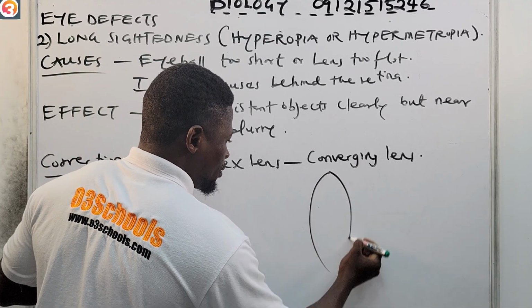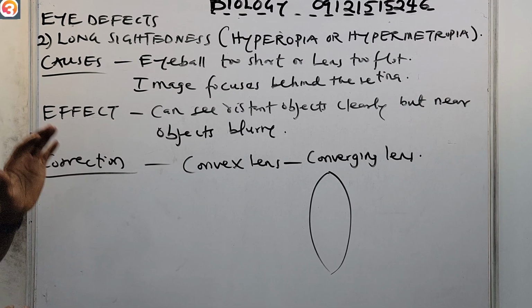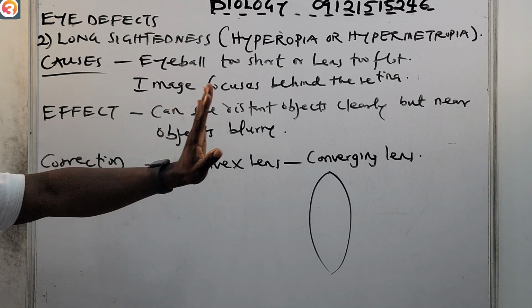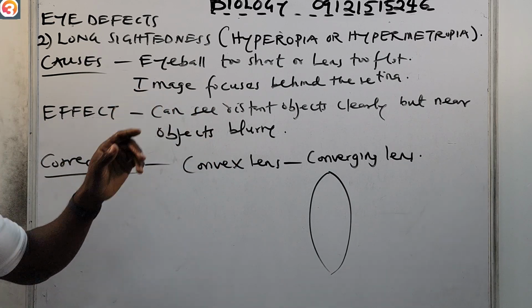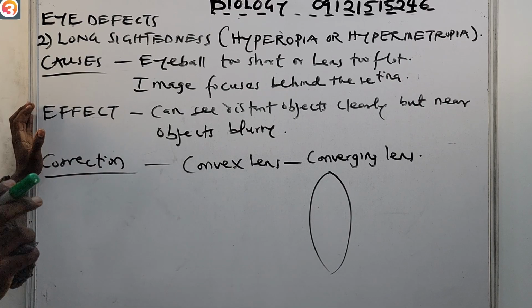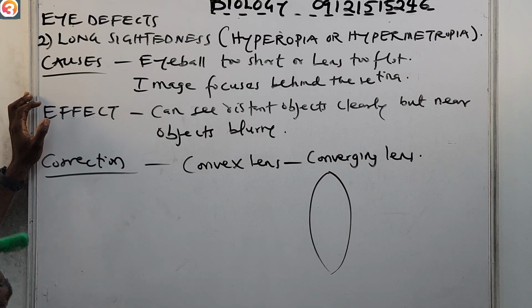So long-sightedness, hyperopia or hypermetropia: the eyeball too short or lens too flat, image focuses behind the retina. The effect is that you can see distant objects clearly, but near objects become blurry. Correction: you use convex lens or converging lens.